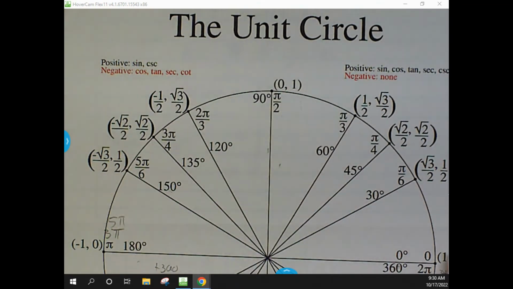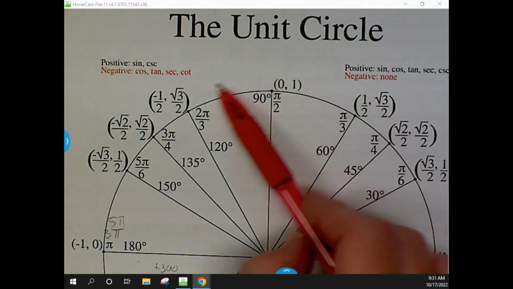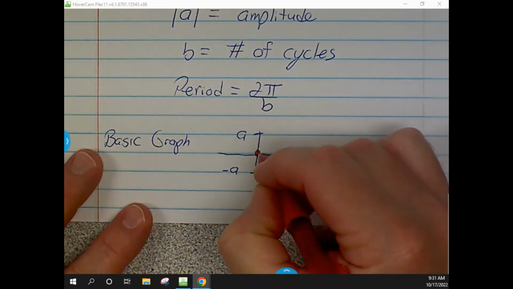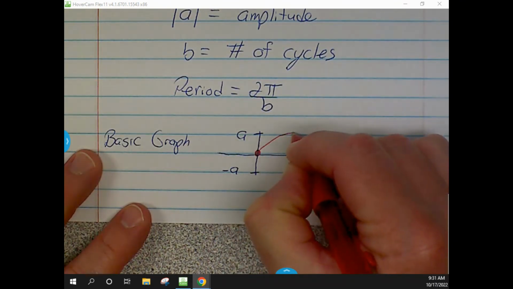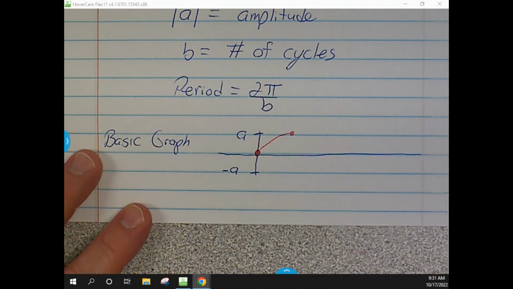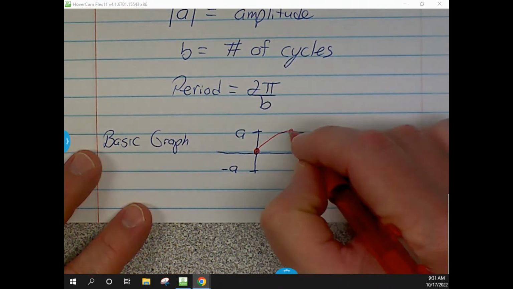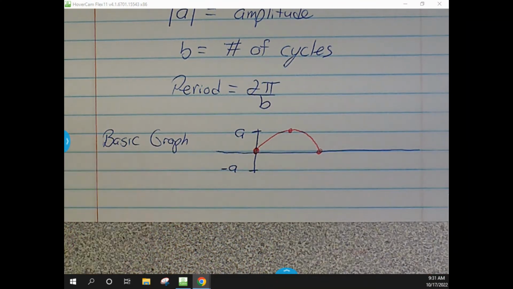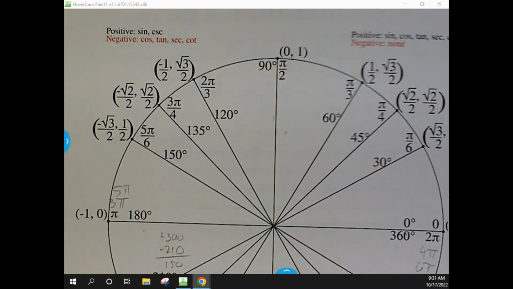So if we graph the numbers for sine, they get bigger till they get to the top, and then once they get to the top, they fall back down. So if we graph this thing, we're going to go up and up till we get to the top of the graph, and then once we get to the top, we're coming back to the middle. So that part looks exactly like that part.